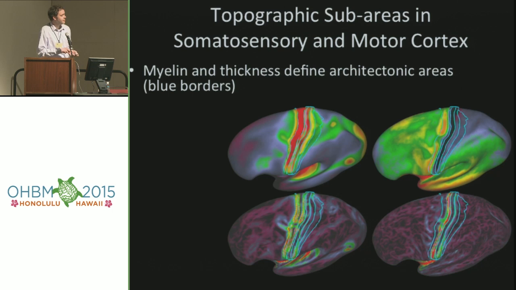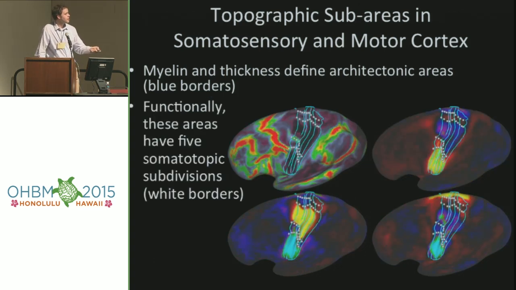And one last point before we get to that is topographic subareas in somatosensory and motor cortex. So we can very nicely with architecture define areas in the central sulcus using myelin and thickness, the primary motor and sensory areas. But if we look in functional connectivity, just the full correlation level, the strongest boundaries are actually sort of perpendicular to these areas.